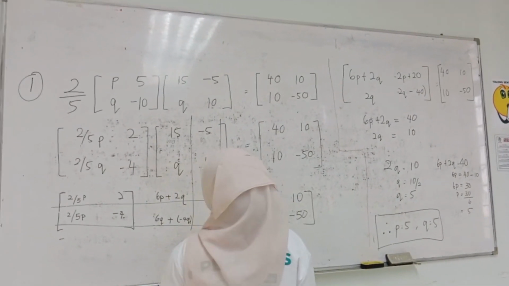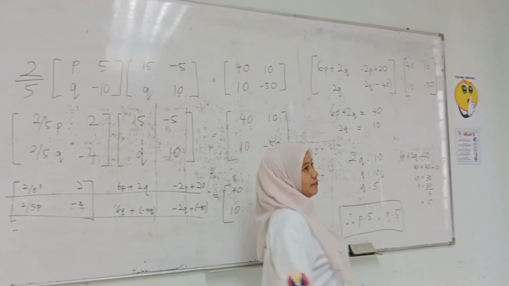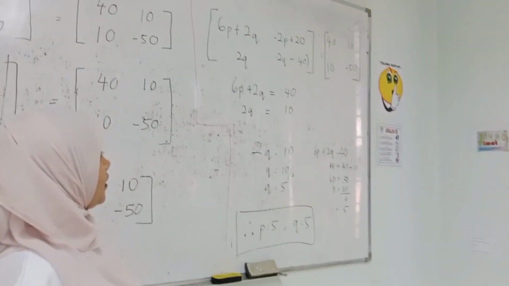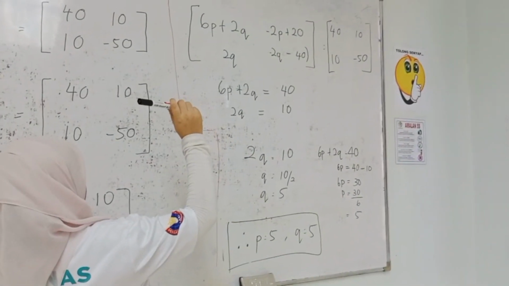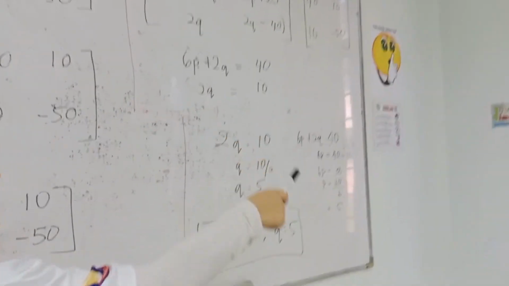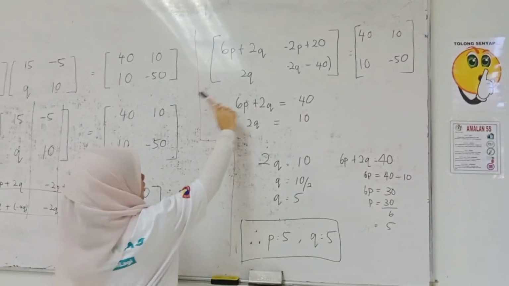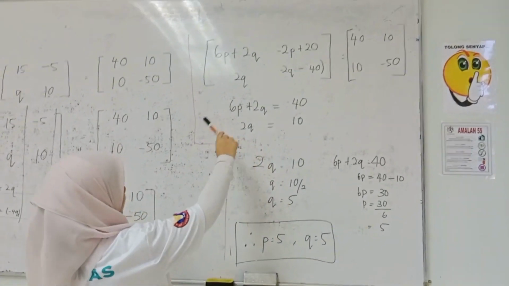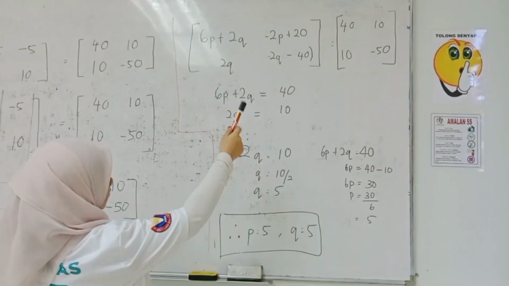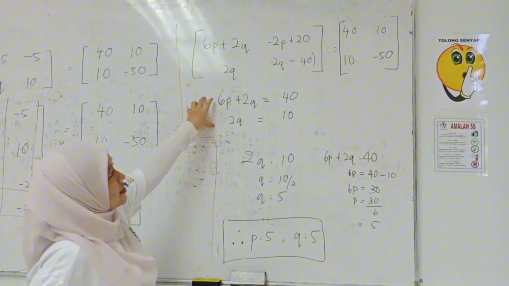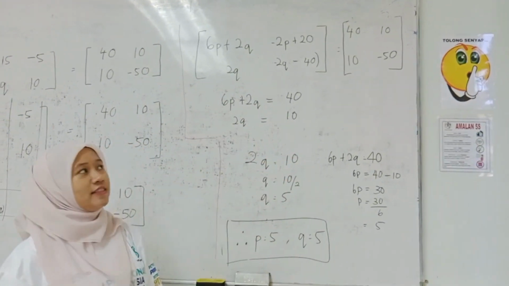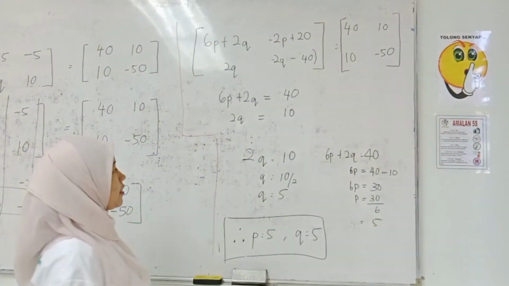Next, after we multiply 1 by 1, we simplify the answer with this equation to this equation. 60 plus 2q equals to 40, and take this equation and make the answer with simultaneous equation.